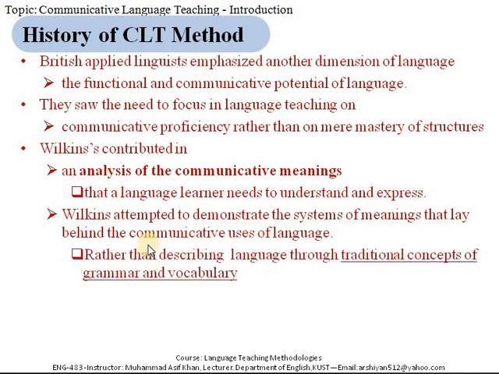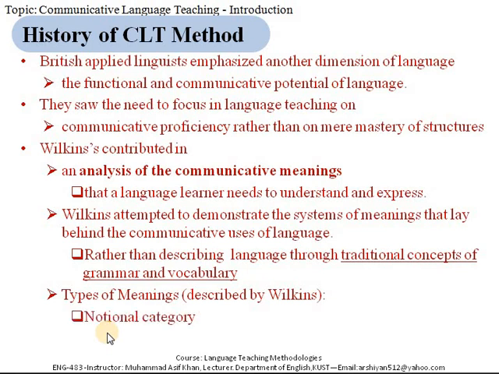He described two types of meaning: the first is the notional category of meanings, and the second is the communicative functional category of meanings.